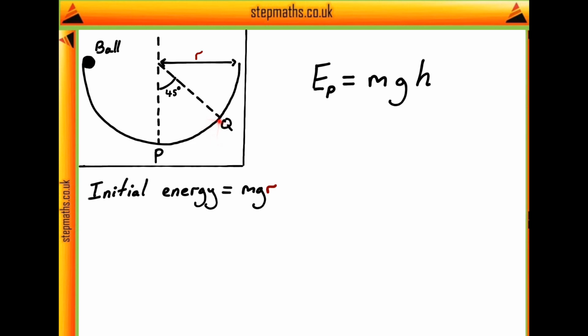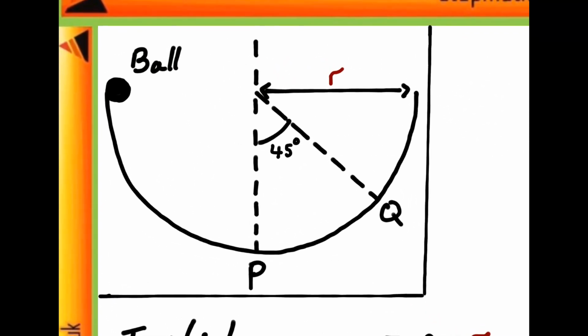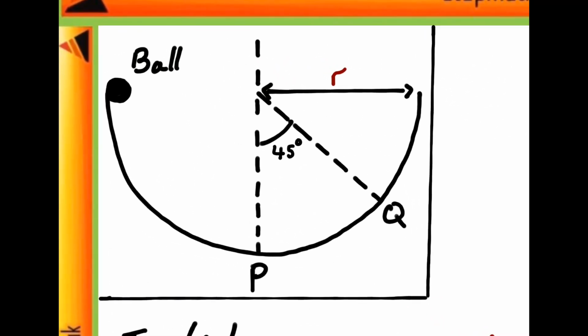Next, we can try and consider the energy of the ball at the point Q. So again, since the ball is stationary, the only energy is going to be the gravitational potential energy. But for this, we need the height of the ball at Q. So let's try and think about how we could find this. If we zoom in and take a closer look at our diagram, then we know that at this height Q, the vertical height above P can just be found by considering this distance here on our diagram.